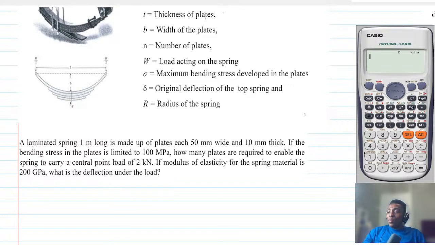So let's look at this simple question. We have a laminated spring, which is more or less like a leaf spring. A leaf spring of span 1 meter long. So the length is 1 meter, which is the same as 1000 millimeters.